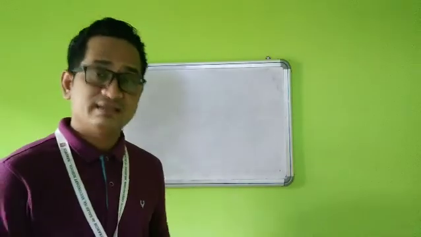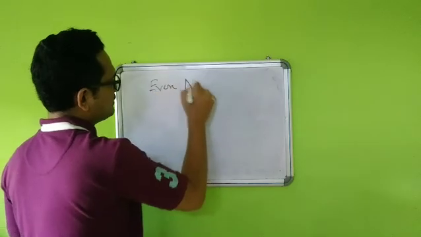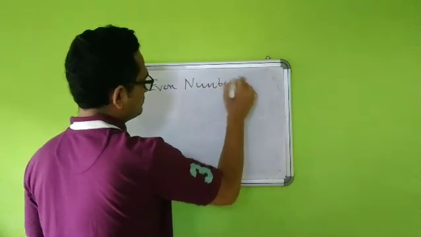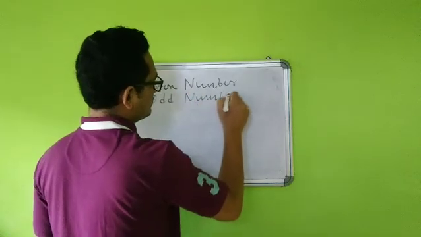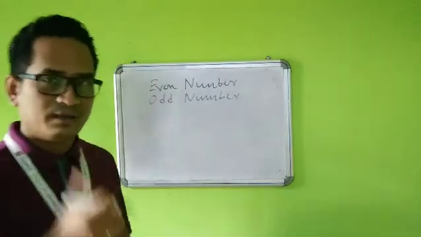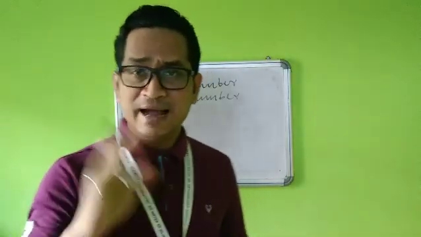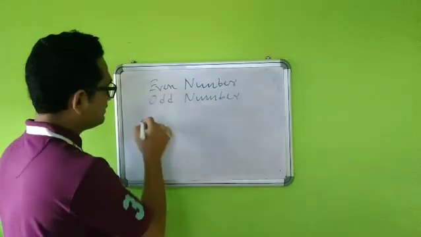Now if you see, first of all, before starting this, we need to understand what is an even number and what is an odd number. Now students, if we are talking about an even number, it ends with some particular digits. Now if you see, what are those even digits?